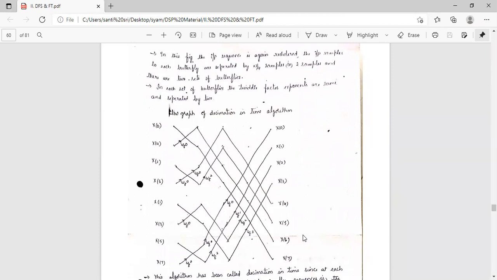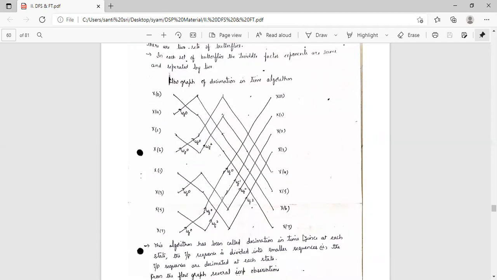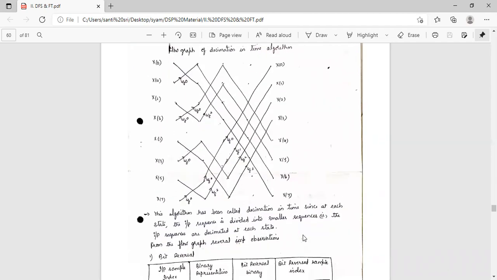So this is the flow graph of the decimation in time algorithm, with 4 points and 2 points. So this algorithm is called decimation in time, since the sequence at each stage is decimated. The input sequence is divided into smaller sequences, so the input sequences are decimated at each stage.